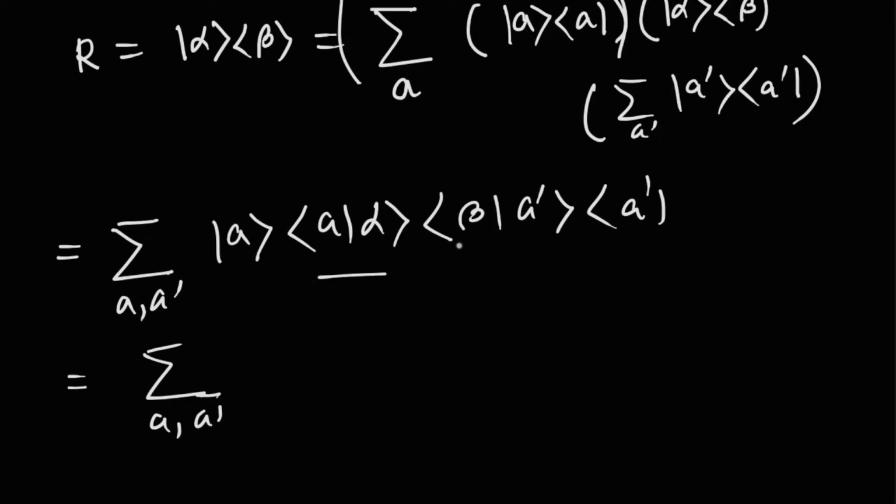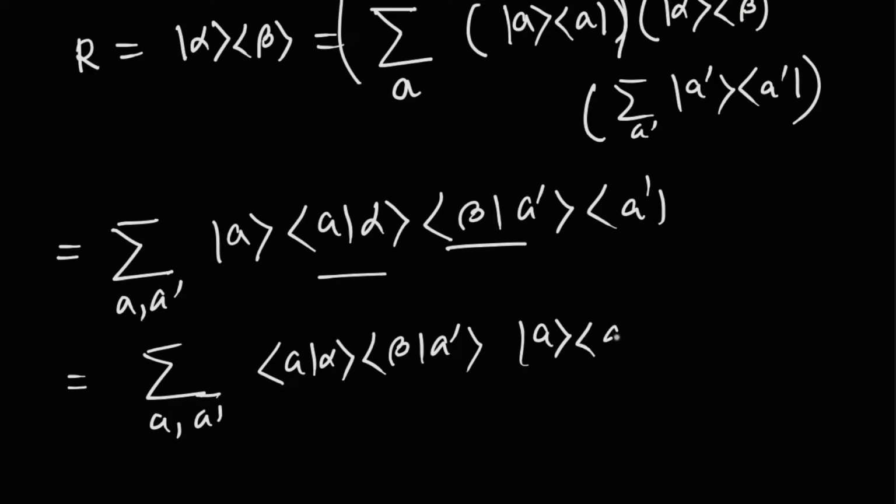Since these two are complex numbers, we can interchange them, so that means alpha beta, a prime, alpha a prime.